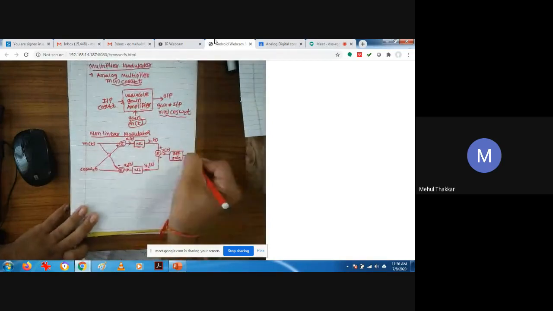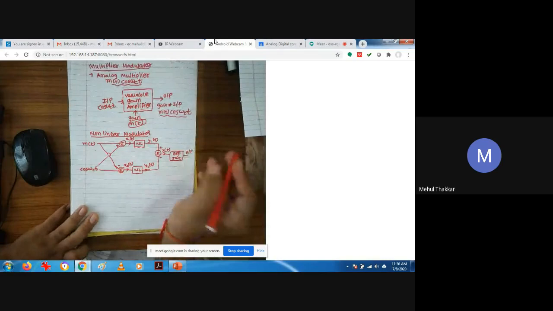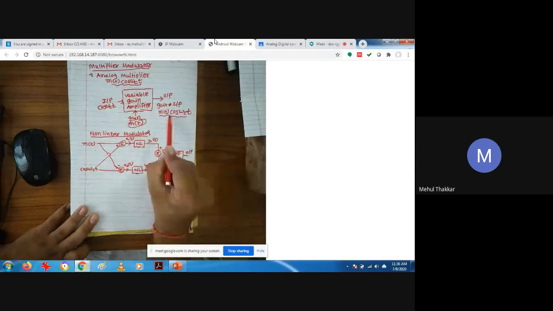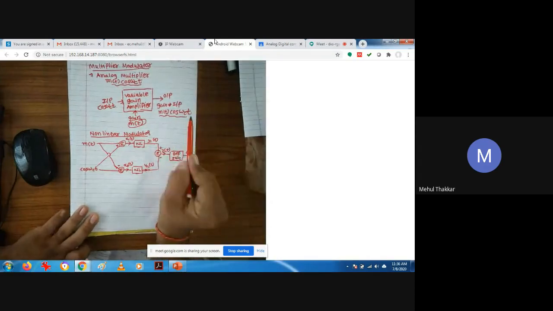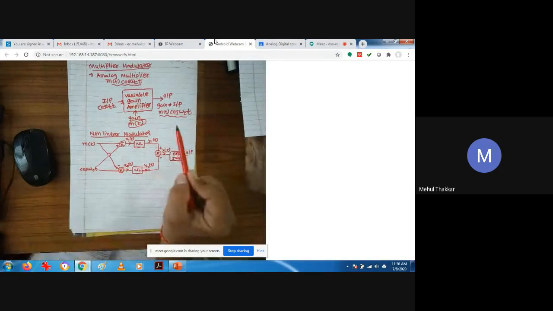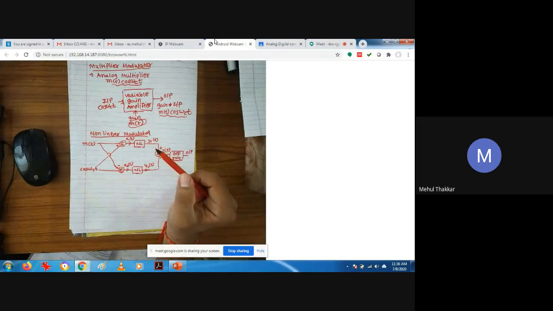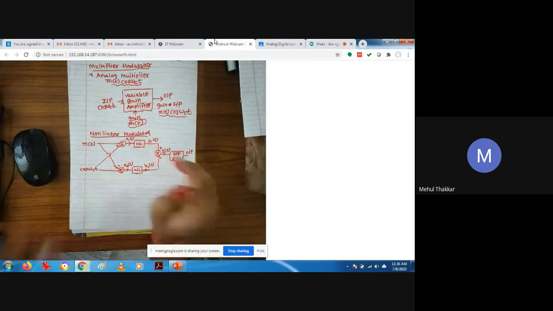So the modulator's output should be in the term m of t into cos omega ct. There may be some multiplier here and there, but we will not worry about that. We want the main term m of t into cos omega ct. This is the non-linear modulator block diagram.